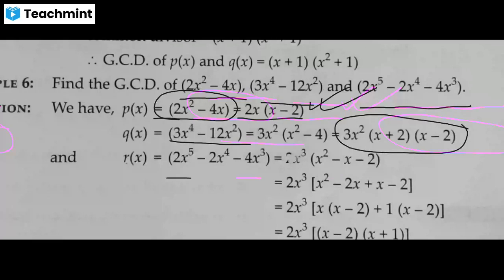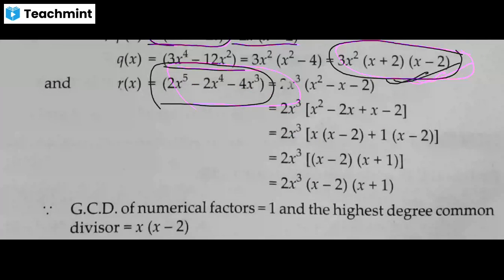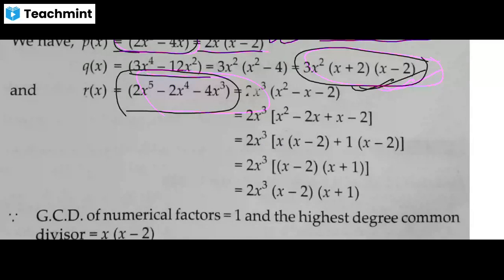Then the third polynomial 2x to the power 5 minus 2x to the power 4 minus 4x cube, after factorization, the factors are 2x cubed into x minus 2 into x plus 1.